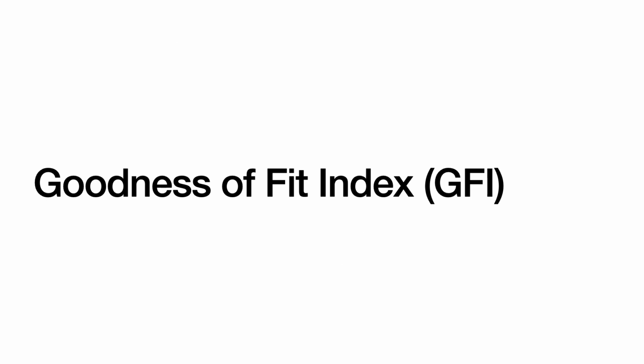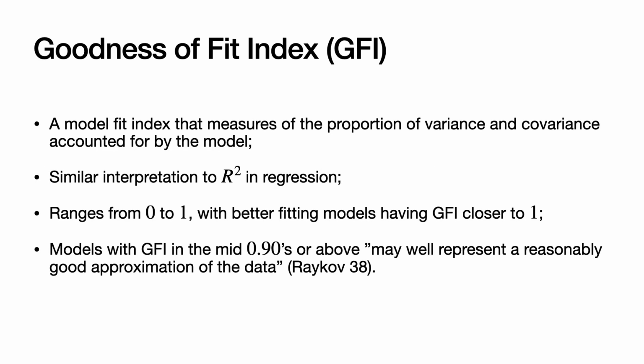Next, let's look at the goodness of fit statistic, or GFI. The GFI, the goodness of fit index, is a model fit index that measures the proportion of variance and covariance in the covariance matrix of the manifest variables that is accounted for by the structural equation model.